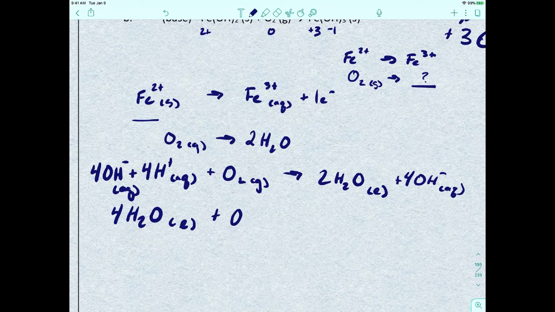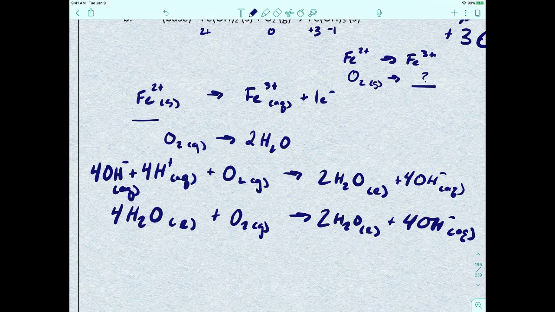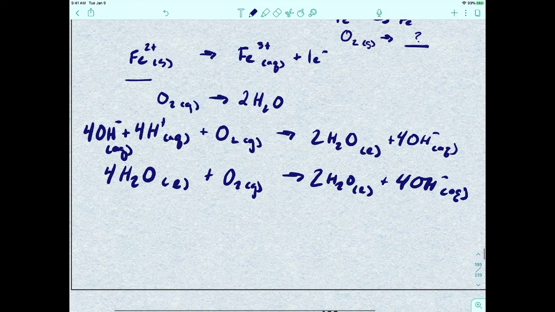Plus O2 yields 2 H2O plus 4 OH minus. All right. Now, the last thing we've got to do is cancel out whatever waters we've got on the left and the right. So we've got 2 on the right and 4 on the left. So those cancel out, and the left becomes a 2.